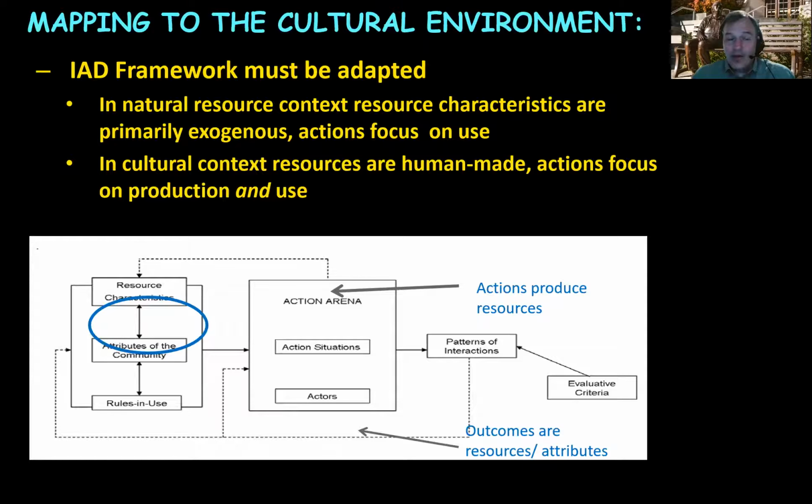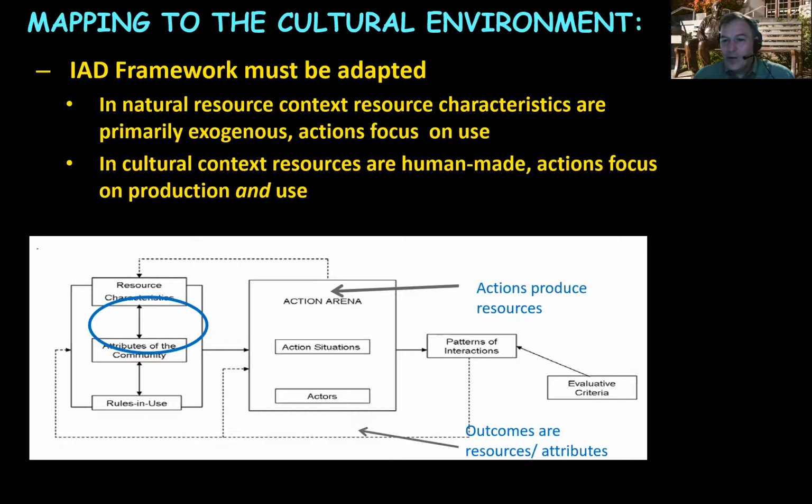So when we develop the GKC framework, we take the IAD framework as a starting point, and we realize that actions within action arenas produce resources that are then fed back into the knowledge commons. At the same time, the outcomes generate resources. So when we're looking at patterns of interactions, we're going to have a feedback effect. The bottom line is that an action arena is a recurring type of situation where community actors interact with each other, and these interactions produce outcomes and generate patterns that you can study.